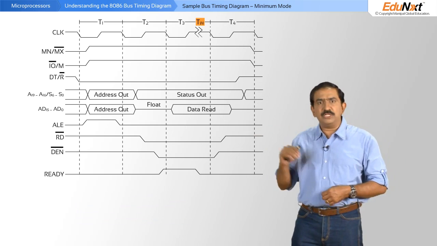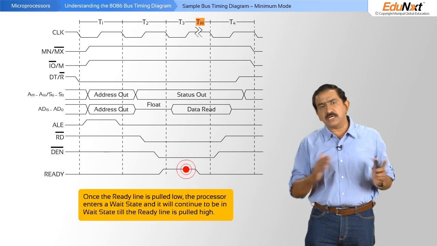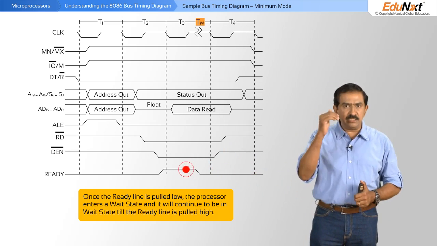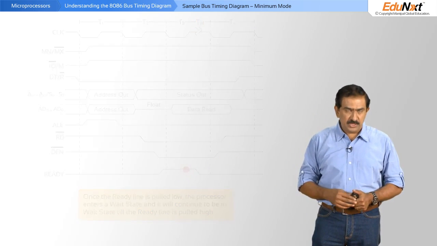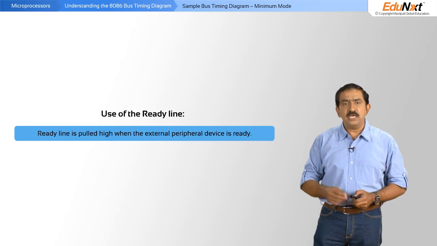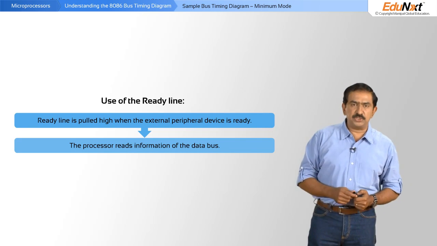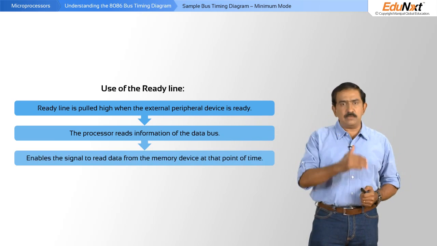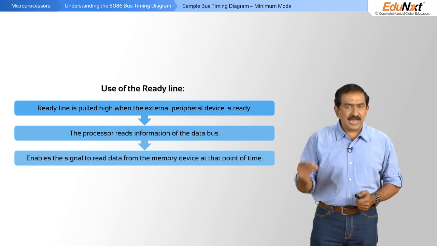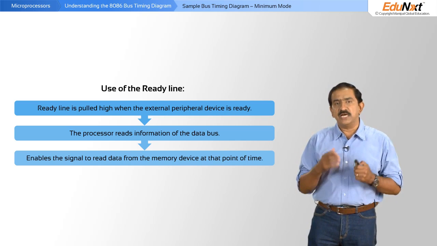As soon as you pull the ready line low, the processor enters a wait state, and it will continue to be in wait state till the ready line is pulled high. Once the external peripheral device is ready, it will pull the ready line high. The processor says, aha, it's now time for me to read information off the data bus. It then enables the data enable signal, and it will read data from the memory device at that point in time.